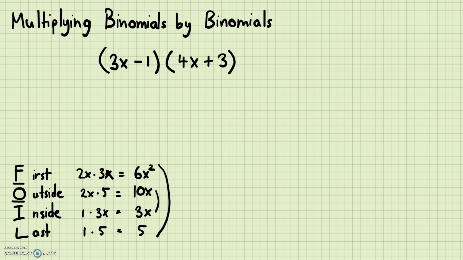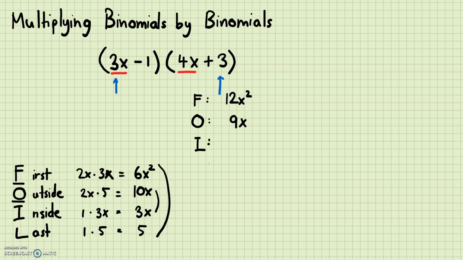Let's try and multiply this. Using FOIL, the first terms are the first terms of both of the binomials. When you multiply the first terms, you get 3x times 4x, which is 12x squared. The outside terms are the ones on the outside, so 3x times 3, which is 9x.